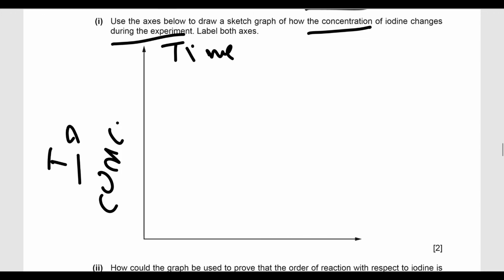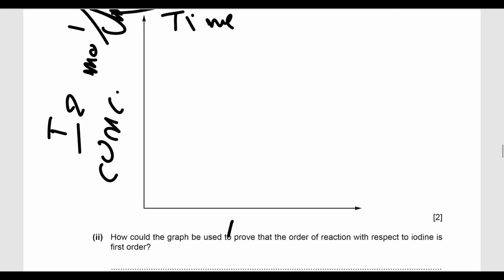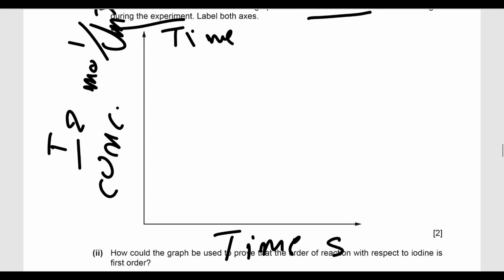Of iodine, and don't forget the unit, which is mole per cubic decimeter. And here you have time, and this time is in seconds. Always the graph of concentration of a reactant which is expected to be first order versus time should be like this one.